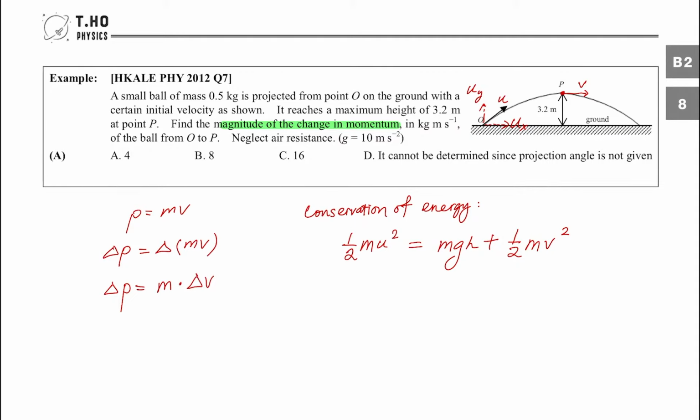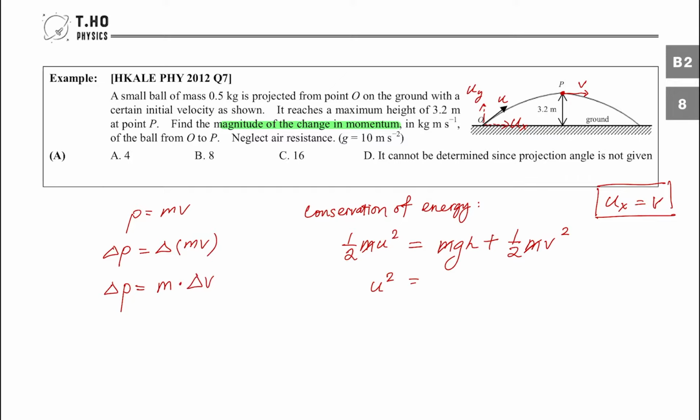Let me write that down. ux is equal to v, because the horizontal motion is a uniform motion. Let's put in the numbers. We know that m can be cancelled out on both sides, so we don't need to worry about that. I want to multiply 2 to both sides of the equation so that we do not have the fraction 1/2.